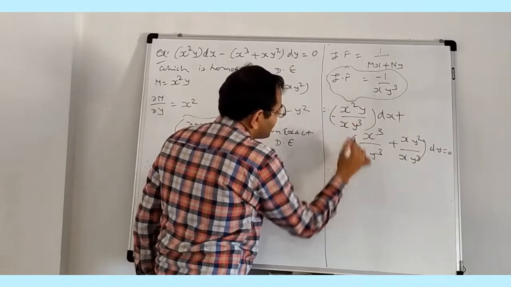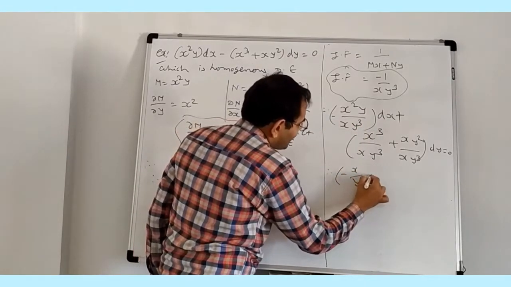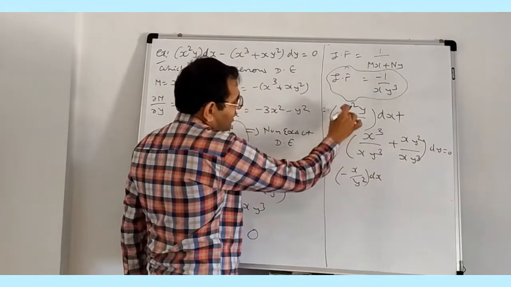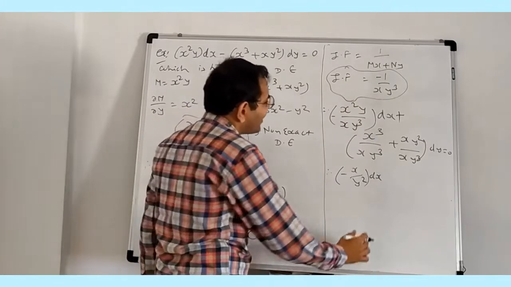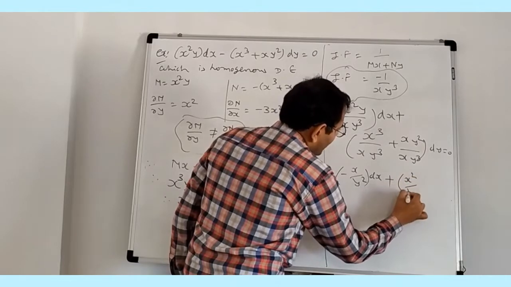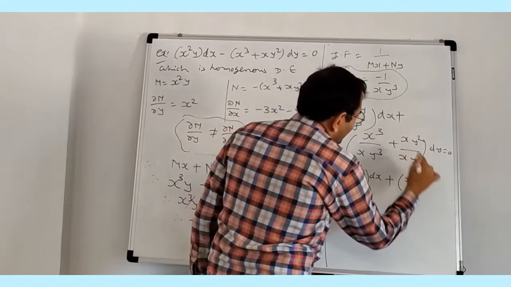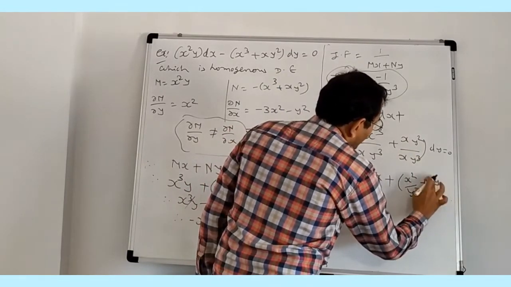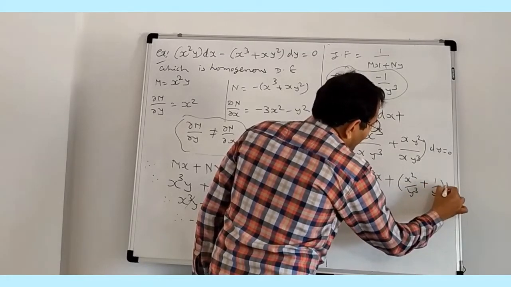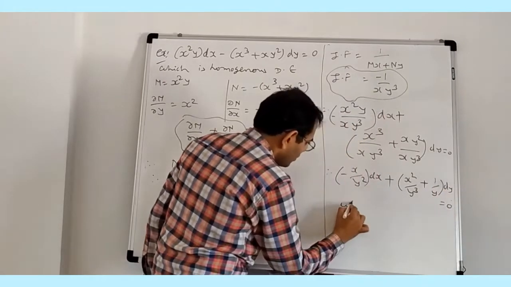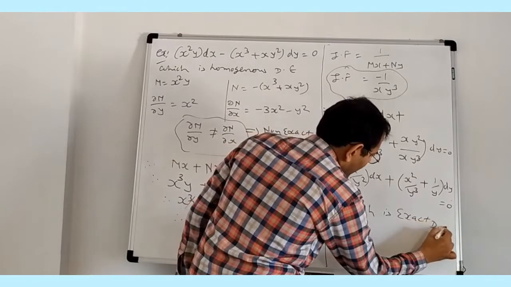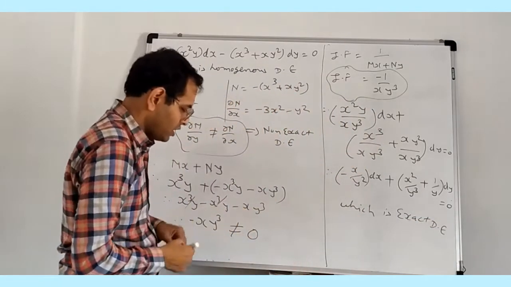Then we get minus x upon y square dx. Then x cancel, y cancel, x upon y square. In this term, 1 x cancel, then x square upon y cube. X cancel, y square also cancel, then we get 1 upon y dy equal to 0, which is an exact differential equation.